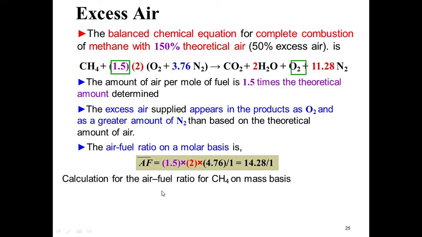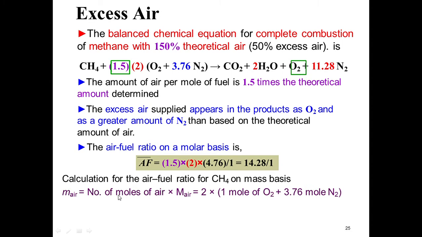If I want it on a mass basis, then the number of moles of air is multiplied by the molecular weight of air. That is nothing but 1.5 times 2 into 1 mole of O2 plus 3.76 moles of N2, that is 9.52 moles of air, multiplied by 28.97.